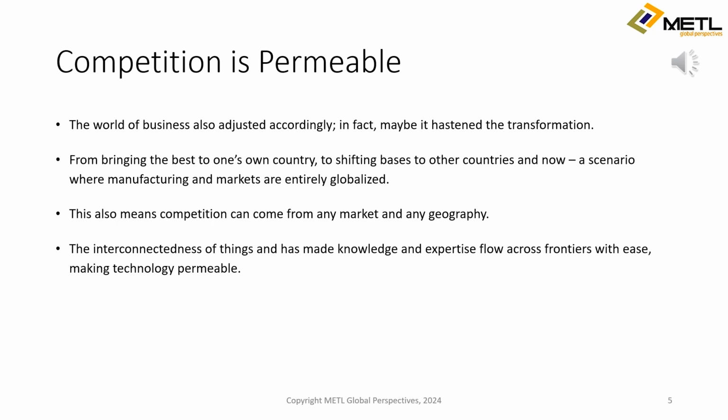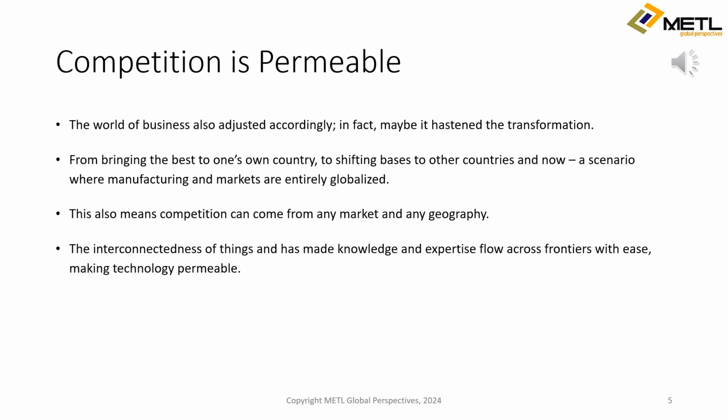Competition is permeable. The world of business also adjusted accordingly to the industrial revolutions. In fact, maybe it hastened the transformation from bringing the best to one's own country to shifting bases to other countries, and now a scenario where manufacturing and markets are entirely globalized.